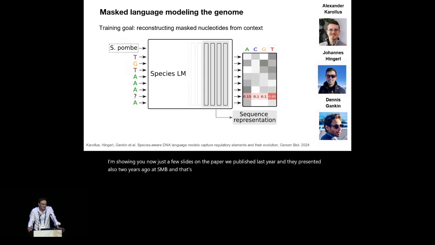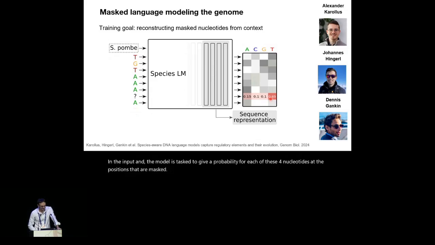And this is a simple transformer which takes as input DNA sequence, and it's trained from a masked nucleotide modeling task. So we mask individual nucleotides in the input, and the model is tasked to give a probability for each of these 4 nucleotides at the positions that are masked.